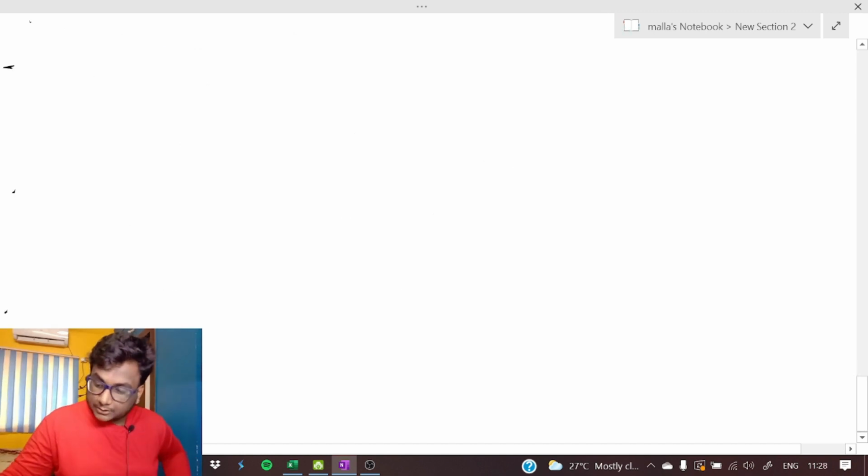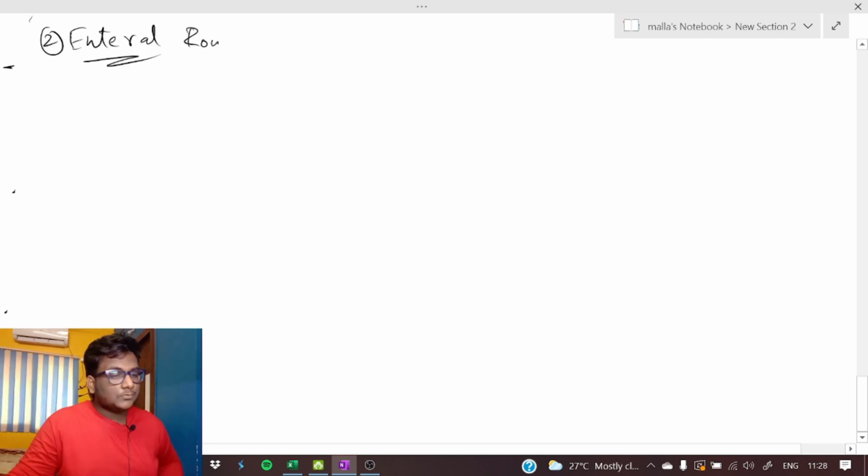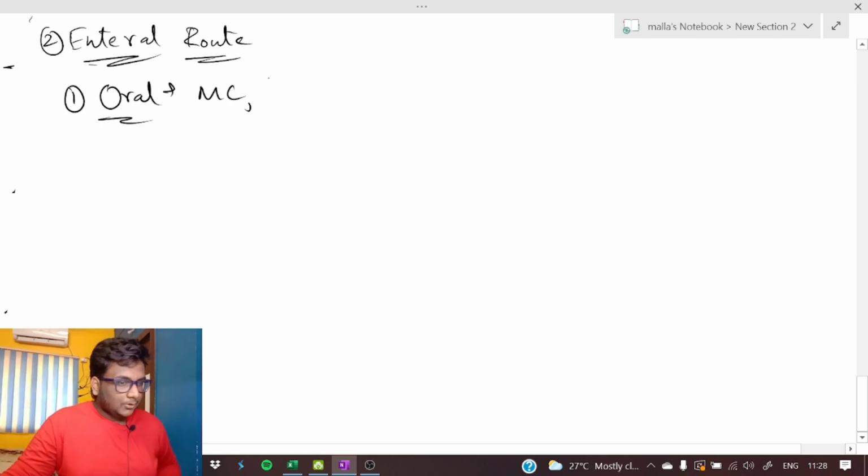And next we go into the enteral route of administration. Enteral means through the intestines, the enteric system. The first one in the enteral route is oral. It is the most common, oldest route of administration.